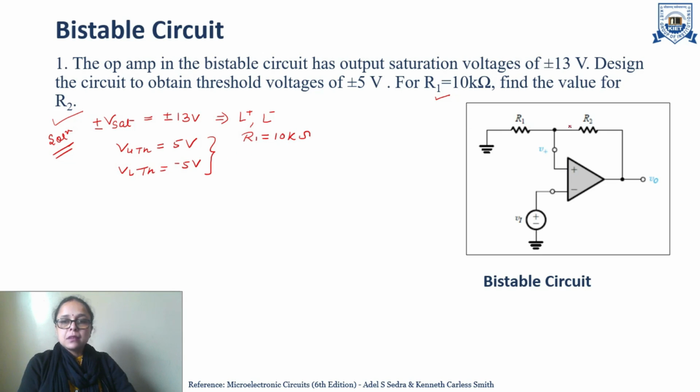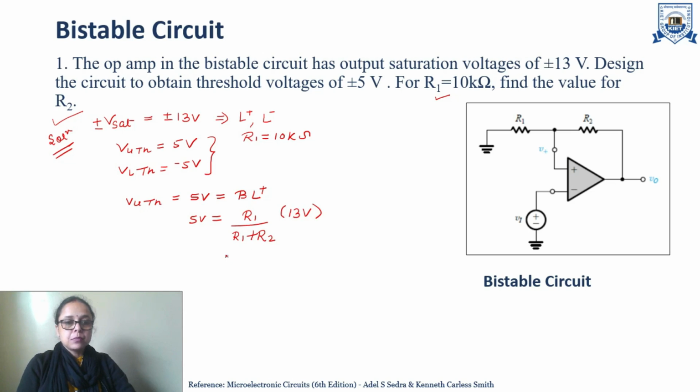Now this is the feedback path, and the upper threshold is calculated through this. The upper threshold can be written as beta times L plus, so 5 volts equals beta times L plus. The value of beta will be R1 divided by R1 plus R2, and L plus, the positive saturation voltage, is 13 volts.